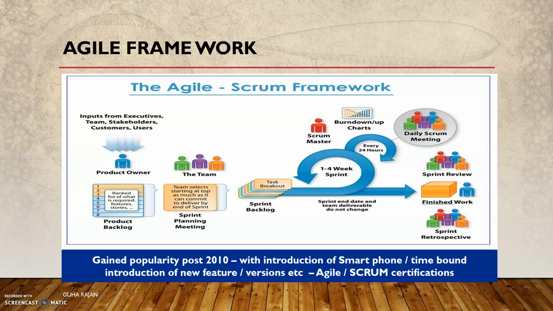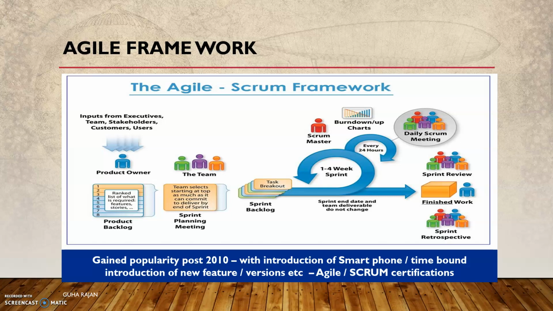The entire team has the complete domain knowledge of what is being built, so they can interchange among themselves based on the tasks assigned to them. So that's about the Agile model, and it is 2010. That is where the Agile certification gained significance.